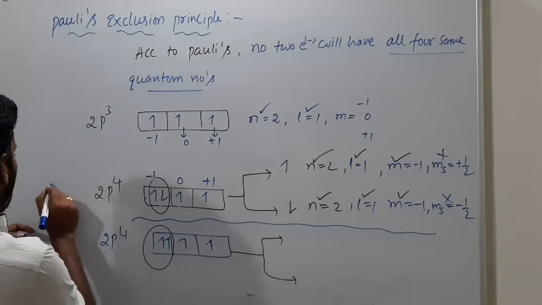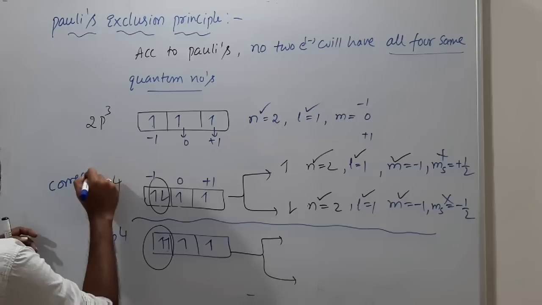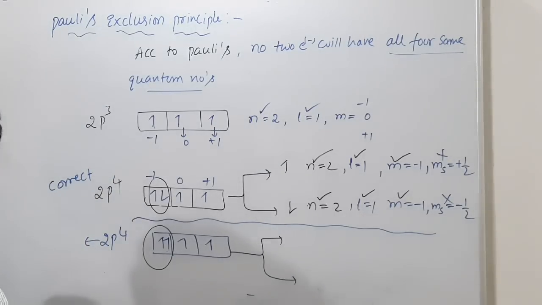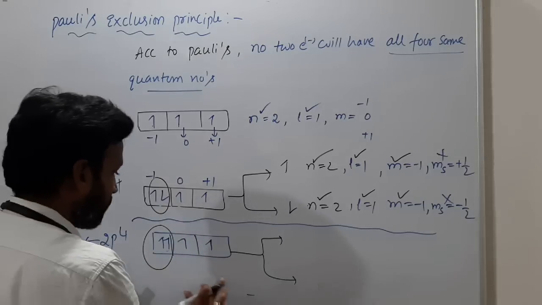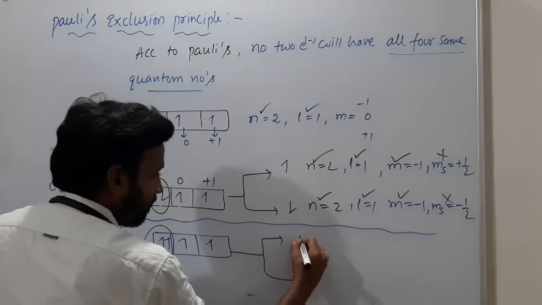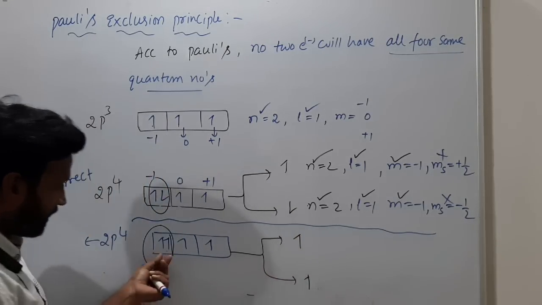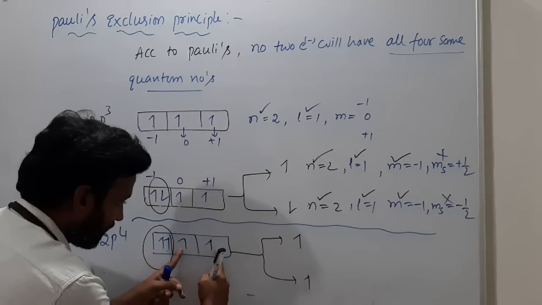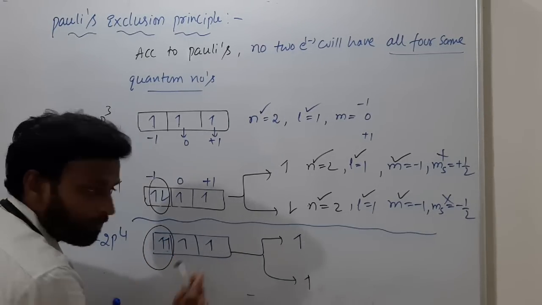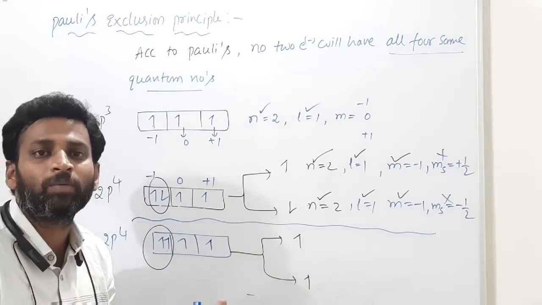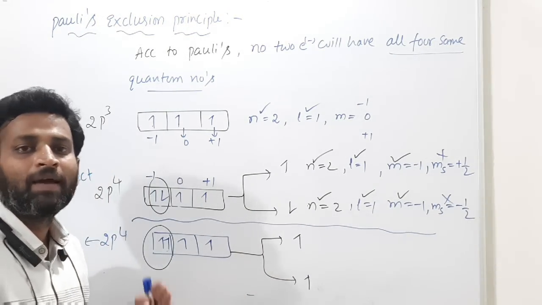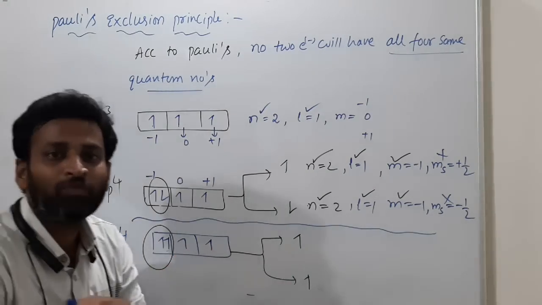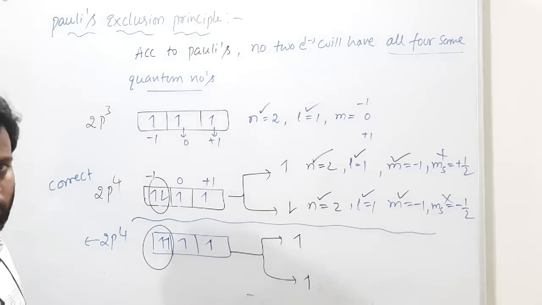So this 2p4 representation is correct, and this other 2p4 representation is correct or wrong, you have to say. This 2p4 representation is wrong, because both electrons are represented upwards. So why are we not talking about these two? These two electrons are given in different boxes, meaning degenerate orbitals are different. That means magnetic quantum number is different for these two. So we have no need to worry.